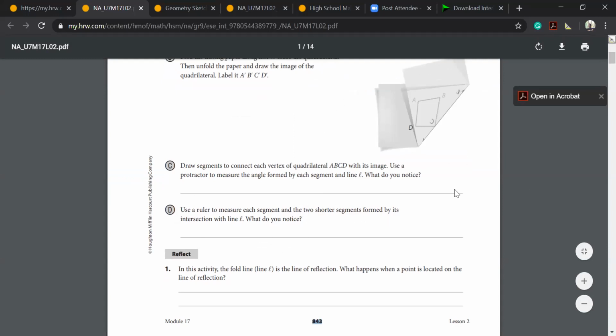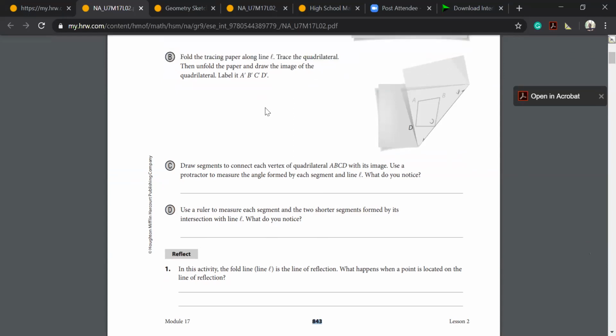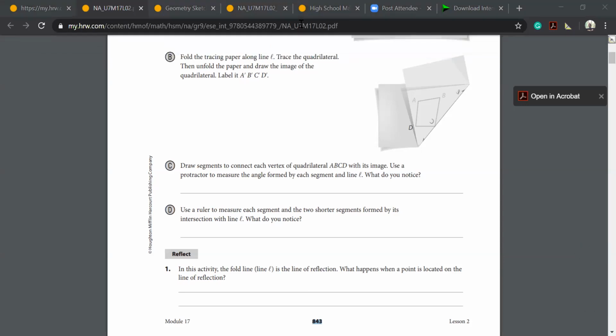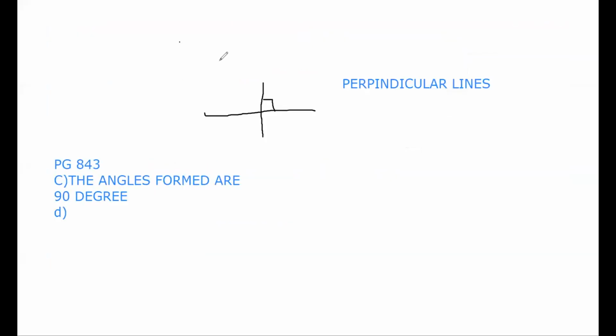The two segments will be the same, will be equal. As I told you, when you are reflecting, this distance should be equal to this distance. So it will be the same. For number D, it is the same distance.